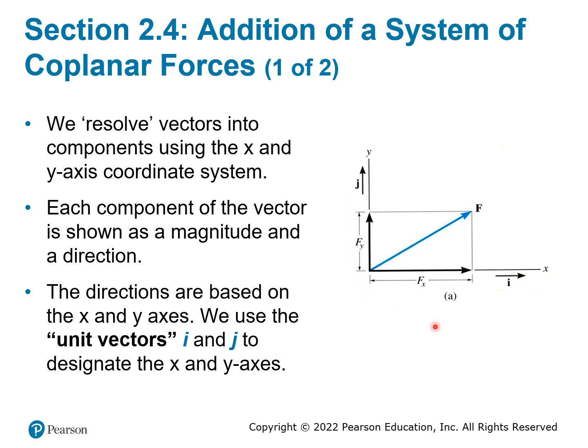The amplitude is simply represented by Fx and Fy. The i and j are what we call the unit vectors. We're going to talk about unit vectors a little bit, which are associated with the position vector as well, at the end of this chapter.